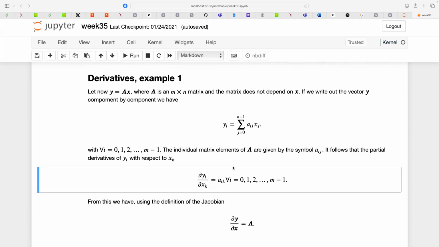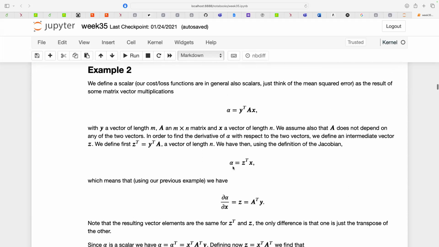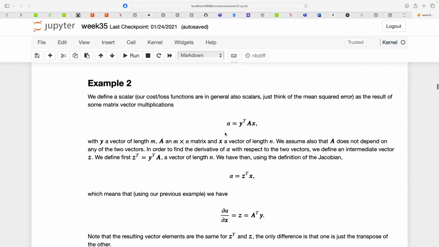So just take a look at them, because we want you to derive the equation for linear regression as we did, because last week we just gave you the final expression. Now we want you to derive it by taking derivatives of matrices and vectors. Okay? So you can follow, and you can see there are many examples here. Keep in mind that the mean square error is a scalar.